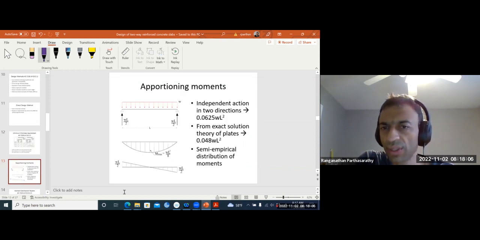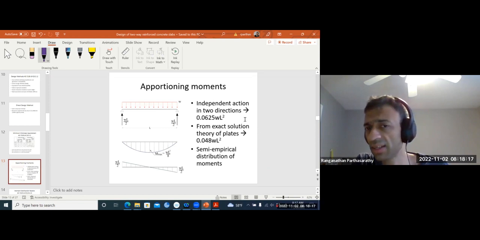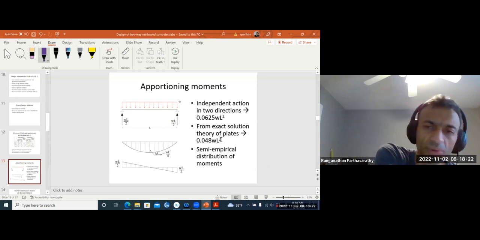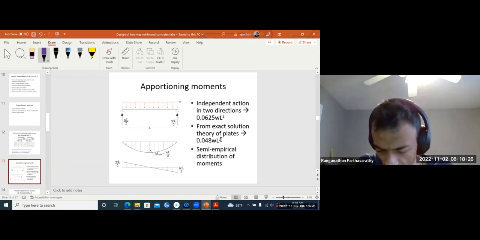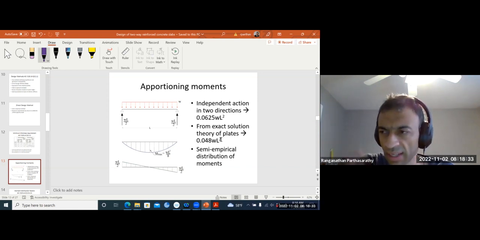Okay, so if you see, for independent action in two directions, you have just WL square by 8 in each direction. If you do WL square by 8 and do half of it to each, it will be WL square by 16.